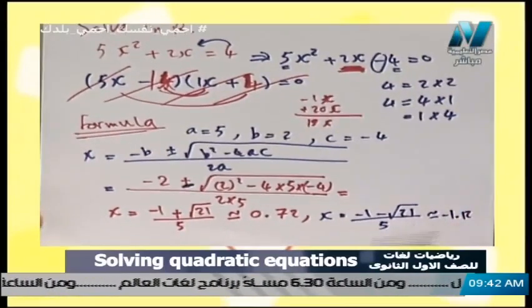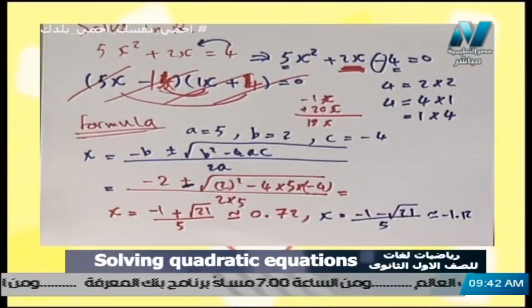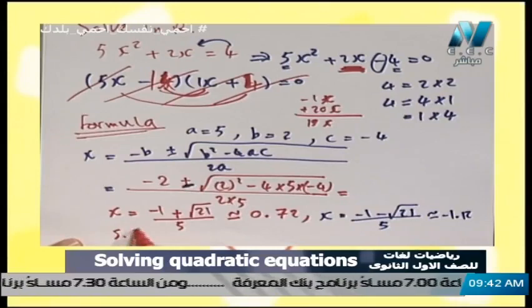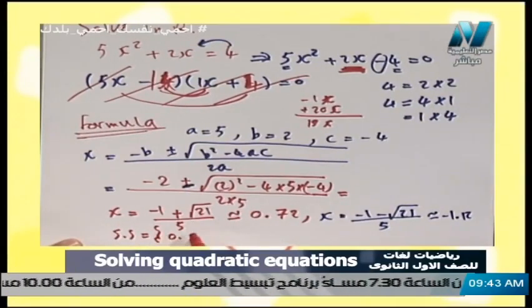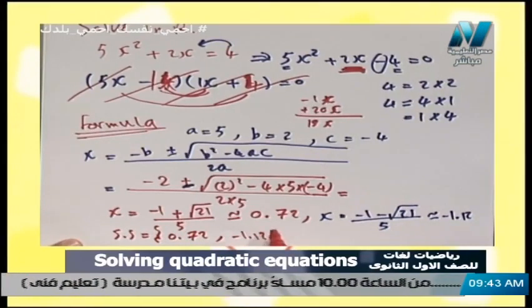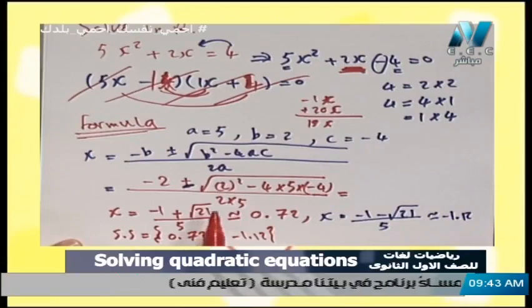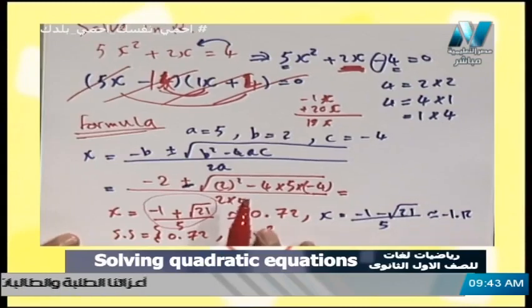Okay, so solution set, or the two roots here, equals 0.72 and negative 1.12, and we can write this number here as a first solution instead of 0.72.